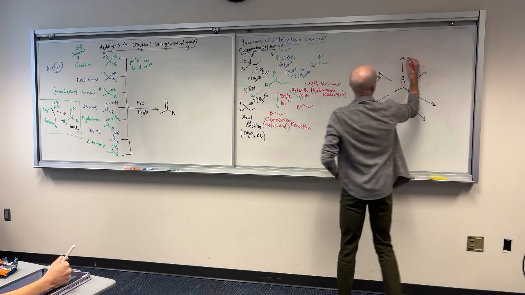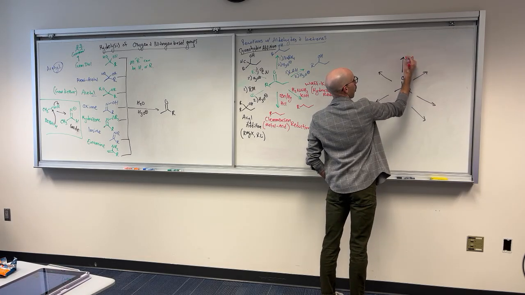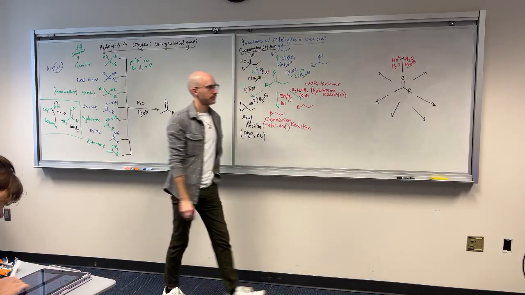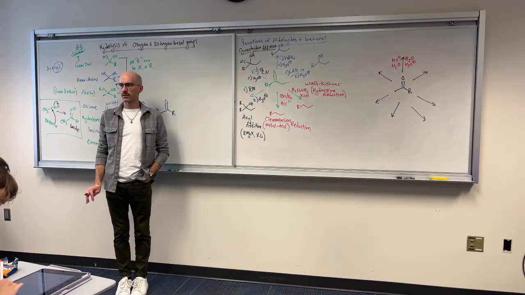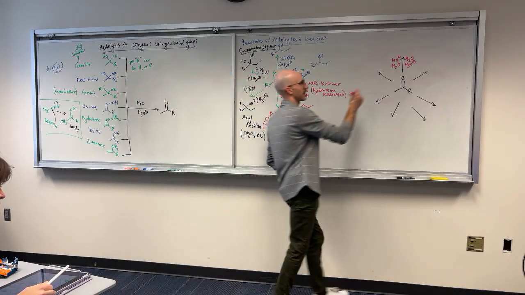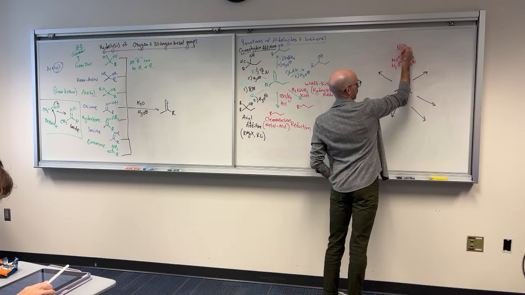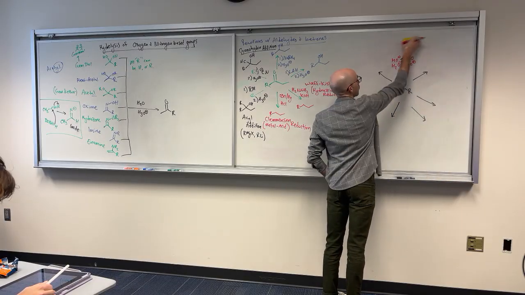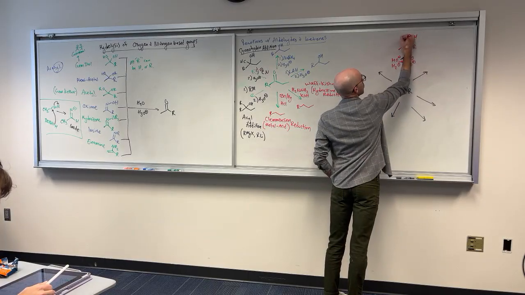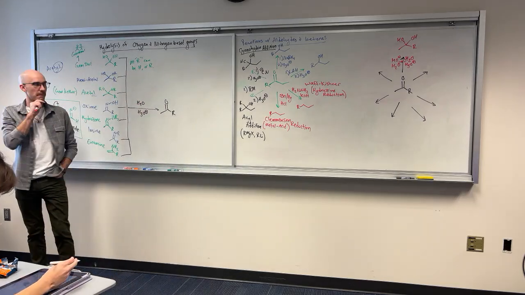The diol can be made by water and acid, or by hydroxide and water. You can hydrolyze the aldehyde or ketone in either basic conditions or acidic conditions. We'll be looking at those mechanisms on Thursday.